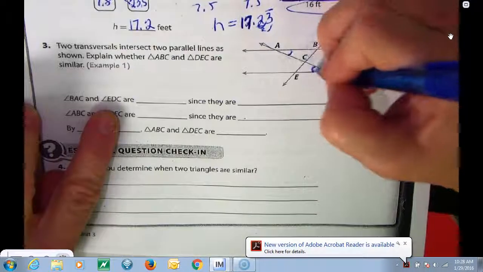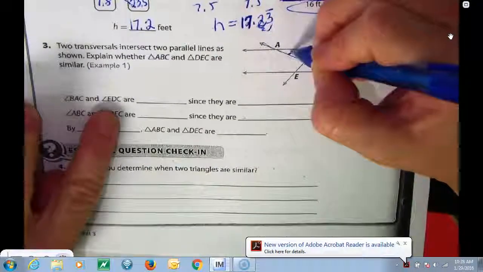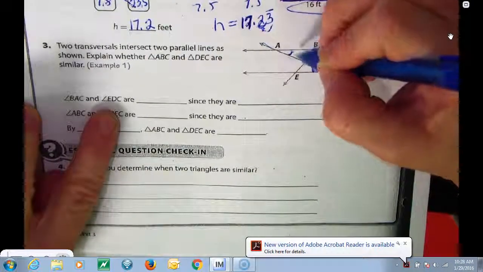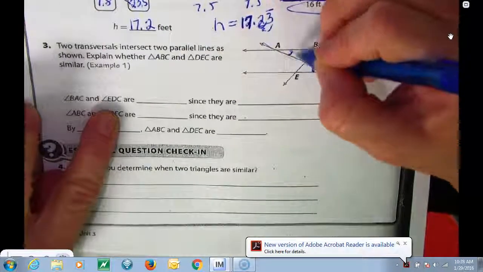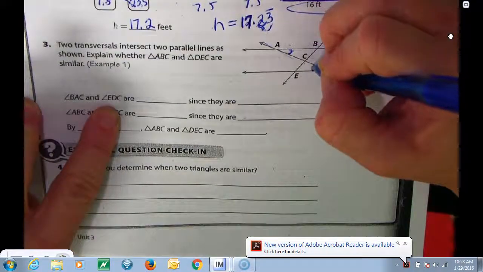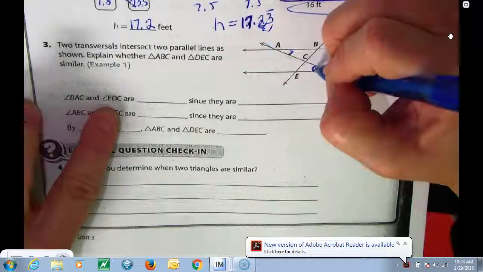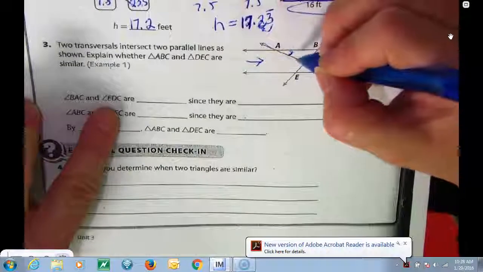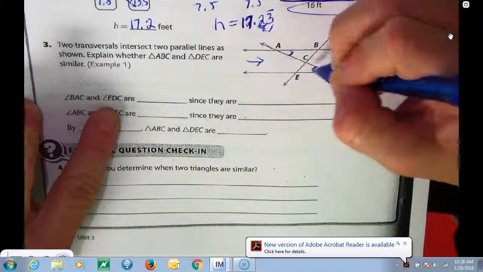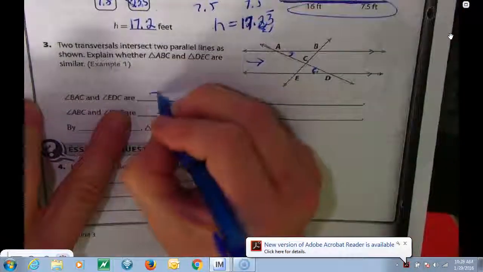Are they congruent? Yes. They're alternate interior. They're inside the parallel lines, guys. There's your transversal. So yes, these two are congruent. Okay, we'll finish on Monday.